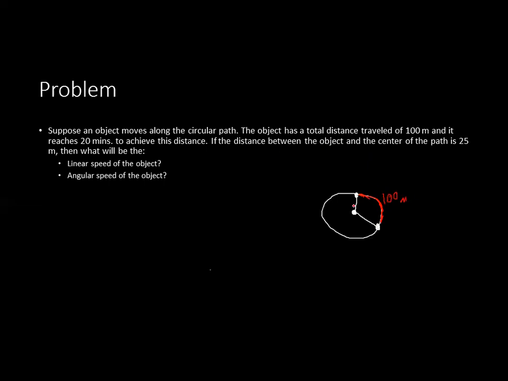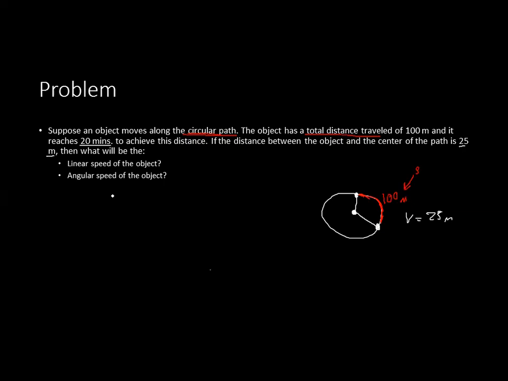You can clearly say that it is an arc length because it moves along the circular path. The time it takes to reach that position is 20 minutes. And the distance between the object and the center is 25 meters, which is the radius.